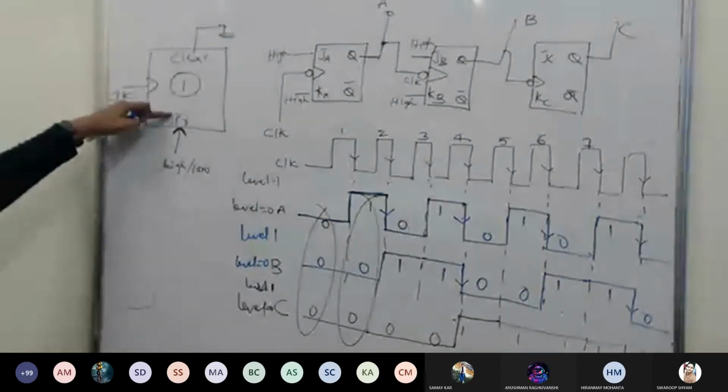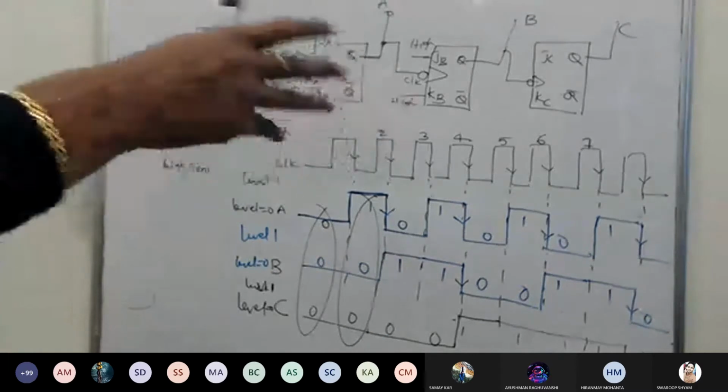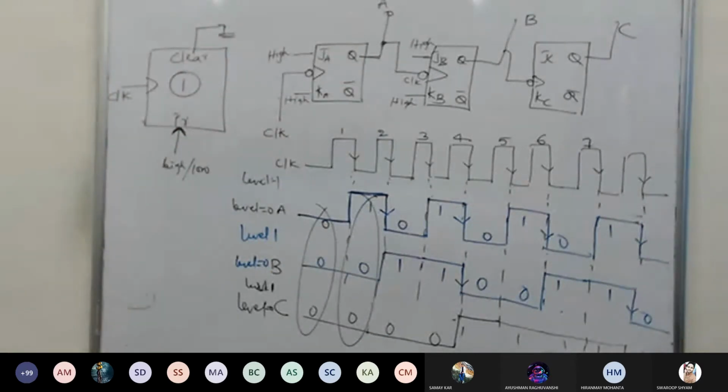Clearing, preset. Always remember. And if you remember, at the start, when I taught you the flip-flops, I told you to consider some Q of T existing, then you predict Q of T plus 1. Is that the same statement I used? Consider Q of T is there, Q of T plus 1 is predicted.